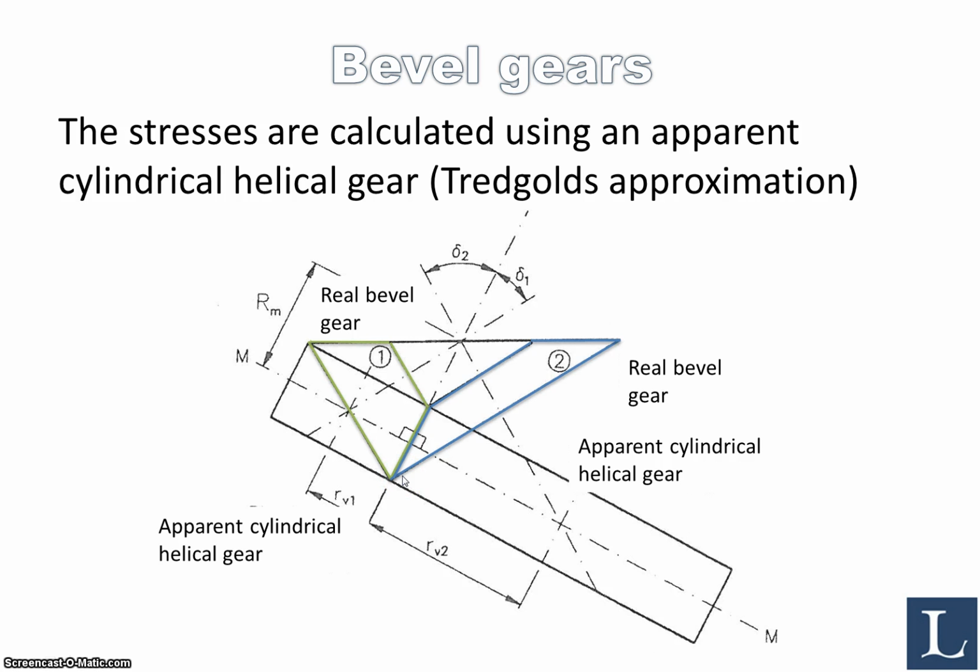To calculate the stresses, we transfer this into an apparent cylindrical helical gear system. So here is one apparent cylindrical helical gear, and the other apparent gear is right here. We still have the contacting gear teeth right here, but we transfer this to an apparent cylindrical gear.